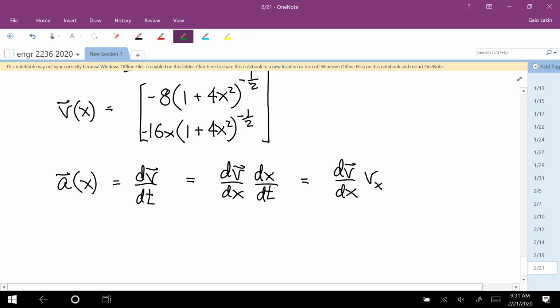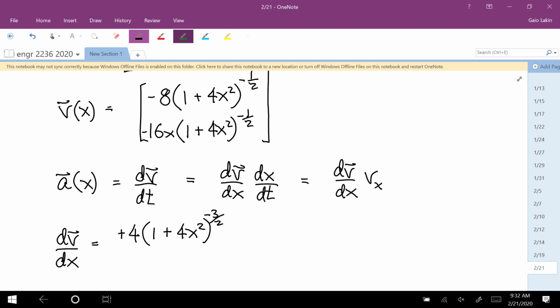Okay, so this derivative is kind of ugly. dv dx for the x component is negative 1 half times negative 8, so that's positive 4 times 1 plus 4x squared to the negative 3 halves. Then you have to use the chain rule to take the derivative of the stuff inside the parentheses, so that's times 8x.